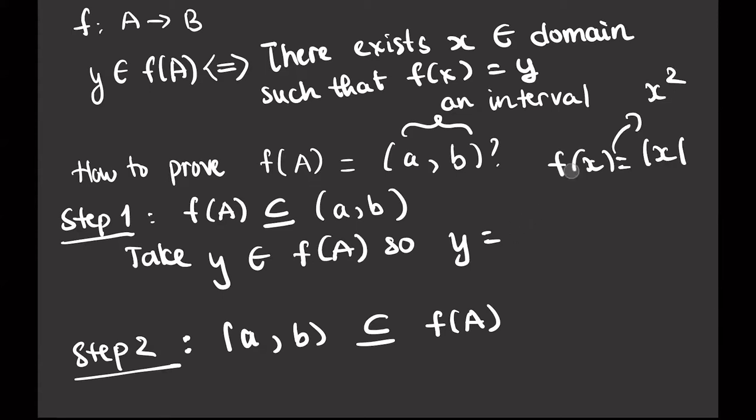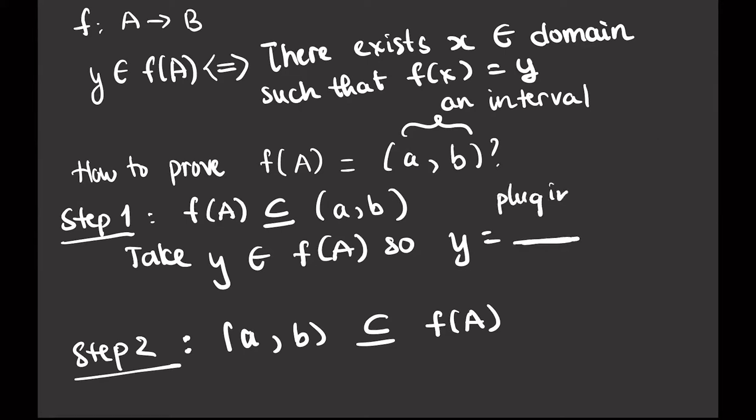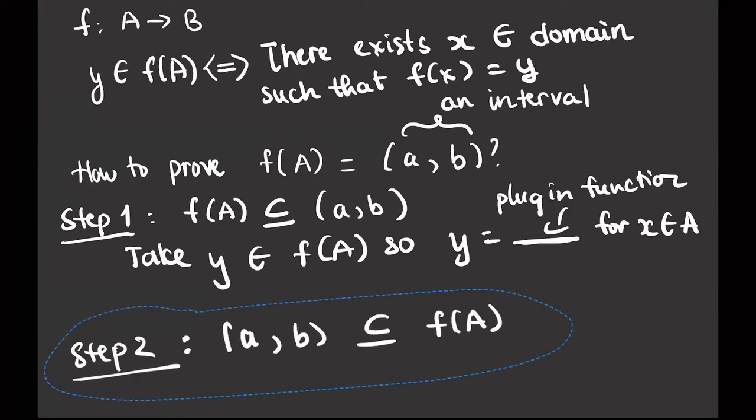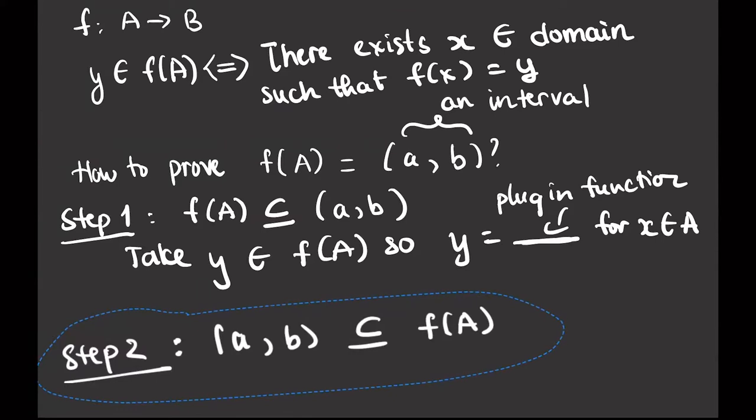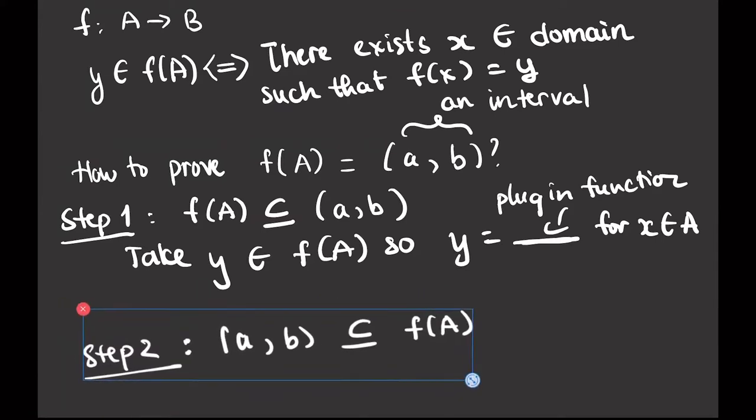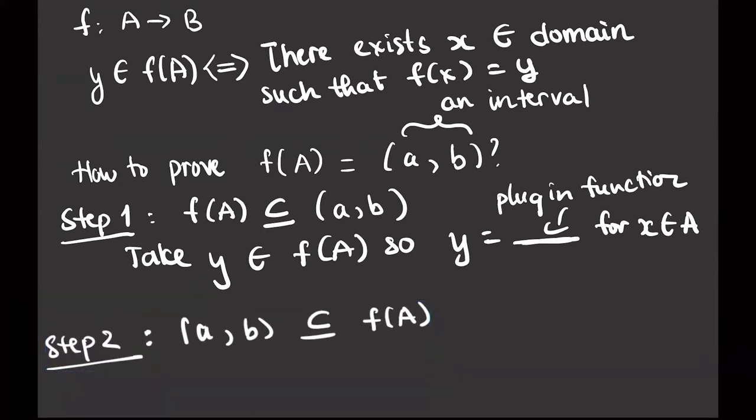So this part is just plugging in the function that they give us. Plug in the function, okay? And fill in this blank: y equals something for x in the domain. Our domain here is A. It will change depending on the problem. Sometimes the domain is the real numbers. Sometimes the domain is the natural numbers.